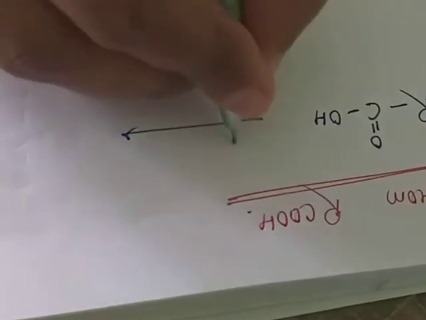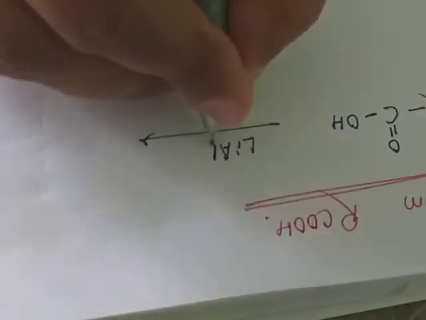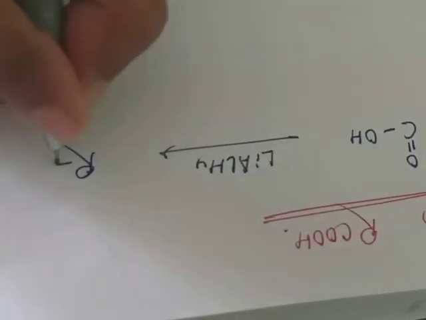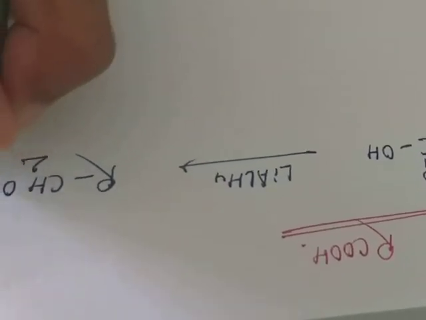Coming to the last preparation of alcohol, that is from carboxylic acid. We generally use lithium aluminium hydride as the reducing agent to give primary alcohol.